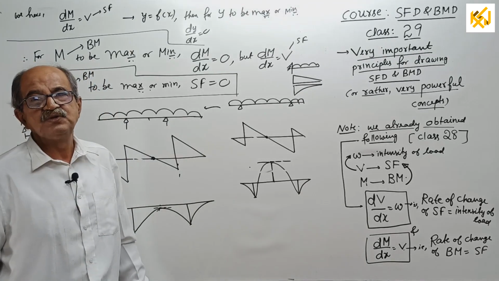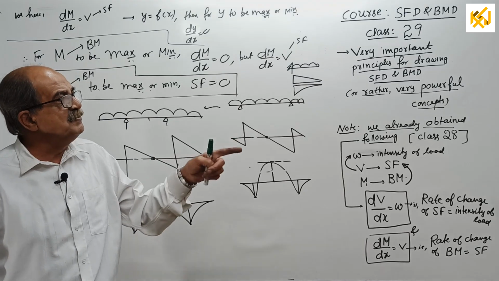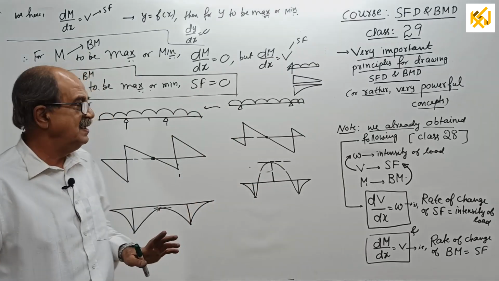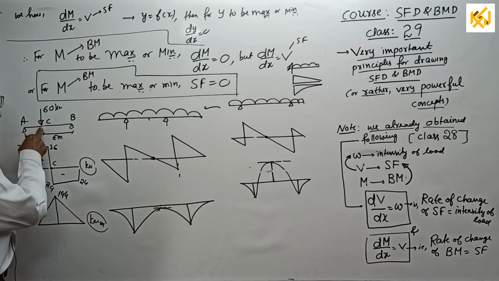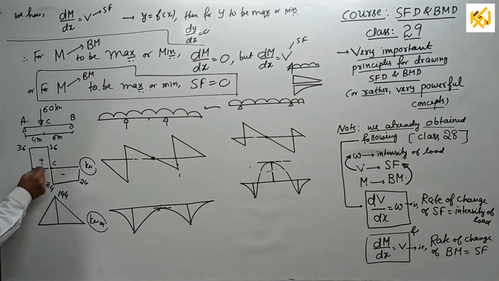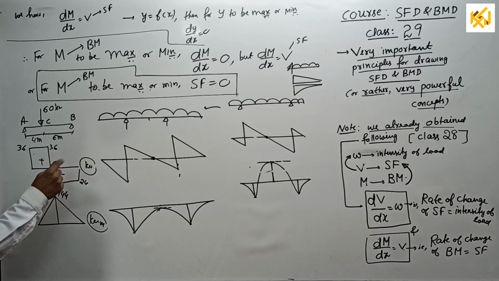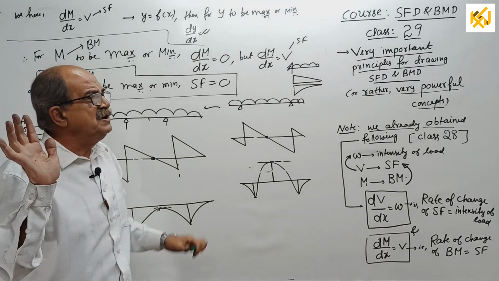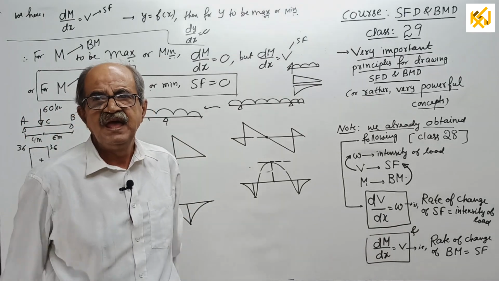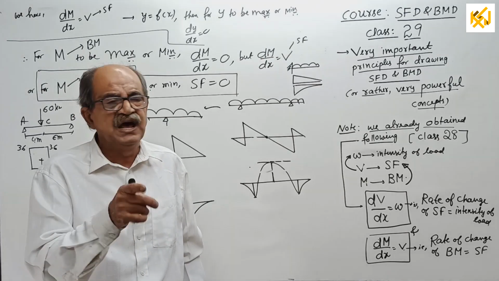The purpose of controlling is not to insult them, but to tell them that this is your limitation, learn from me. I will ask the question, what is the shear force at C? They will tell, sir, just to the left is plus 36, just to the right is minus 24. I will tell them, I did not ask you what is the shear force just to the left of C or just to the right of C. I asked you what is the shear force at C.